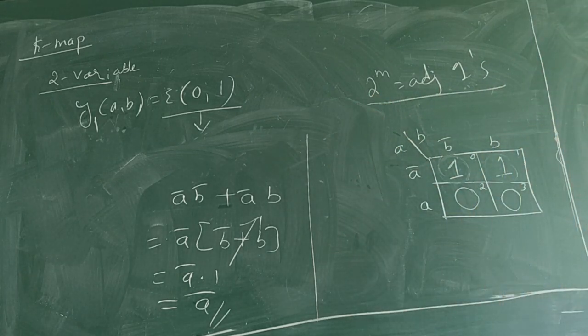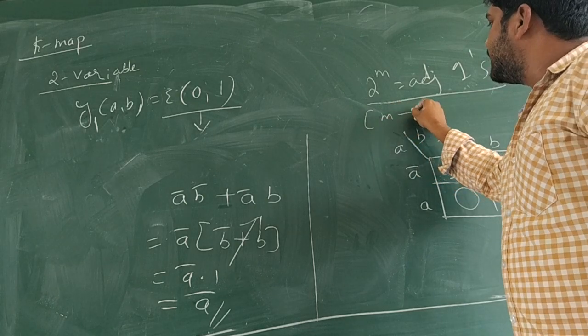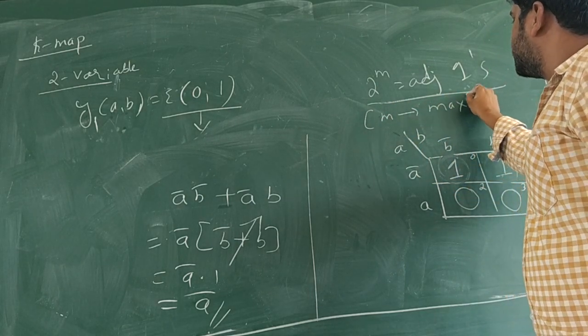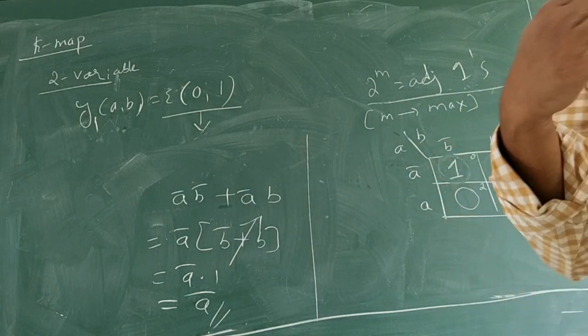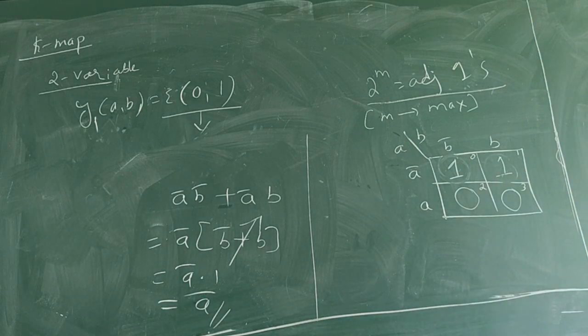Condition is m must be as maximum as possible. It should not be as minimum as possible. It should be maximum possible.